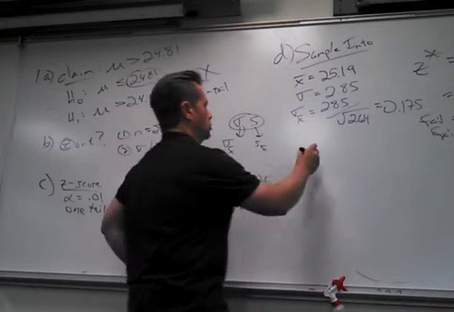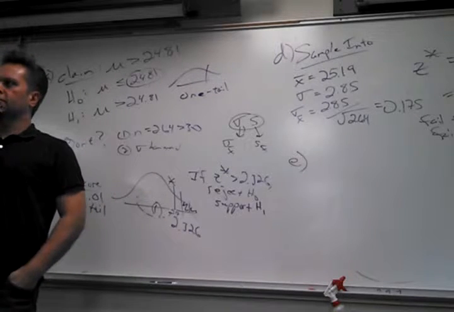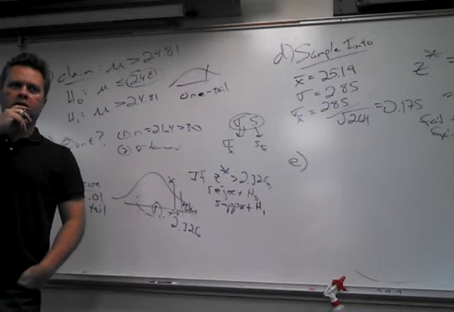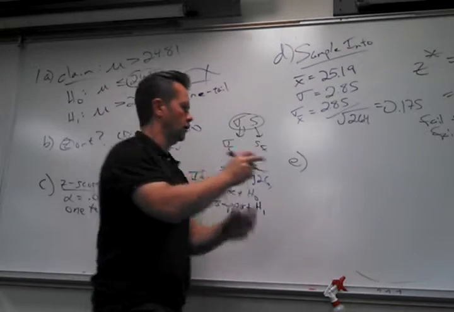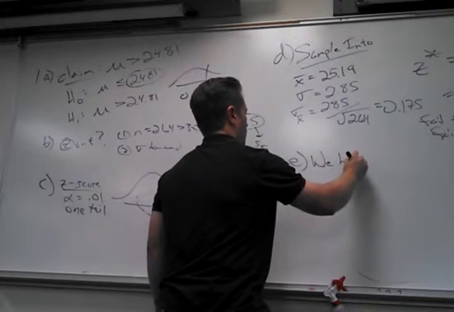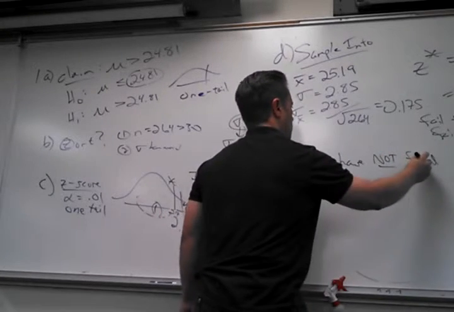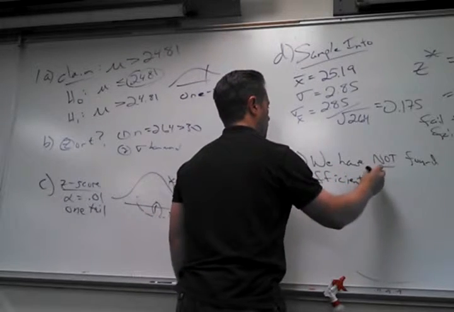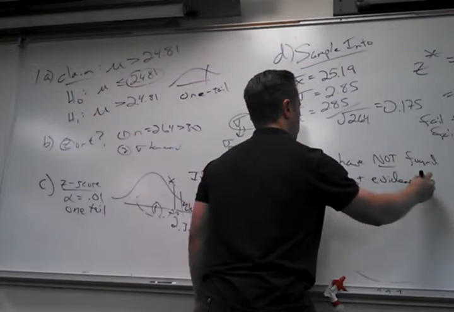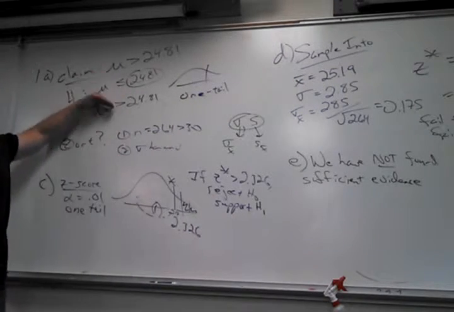So what would my conclusion be? Did we find evidence? No, we failed. All right, so it seems to be the theme right now. Yes, Jeff, we know. We have not found sufficient evidence to do what? What's my claim? Which one's my claim?